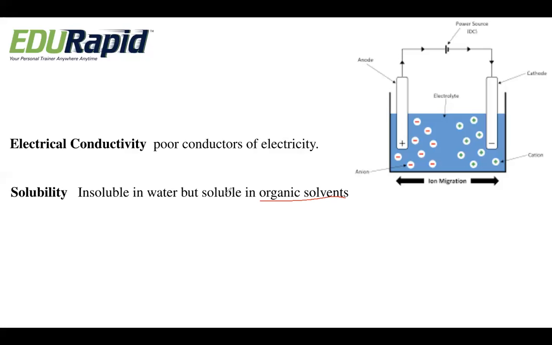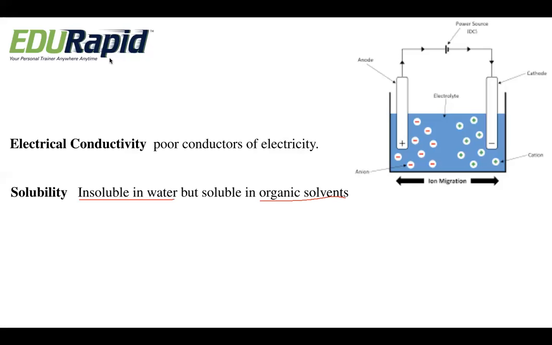They are insoluble in water because water has less affinity towards the covalent compounds. Water has polar covalent bonds, so it has less affinity towards the covalent substances. So the covalent compounds are not soluble in water, but they are soluble in organic solvents.